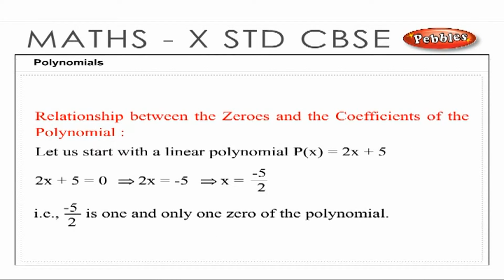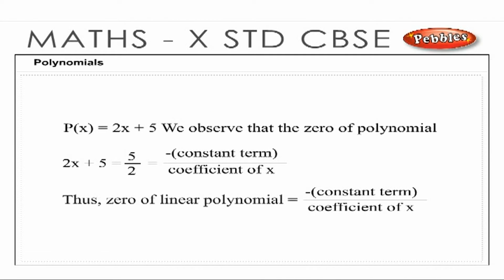Relationship between the zeros and the coefficients of a polynomial. Let us start with a linear polynomial p of x is equal to 2x plus 5. 2x plus 5 is equal to 0 gives 2x is equal to minus 5, so x is equal to minus 5 by 2. That is, minus 5 by 2 is the one and only zero of the polynomial p of x is equal to 2x plus 5.